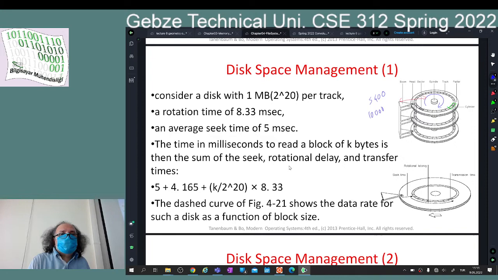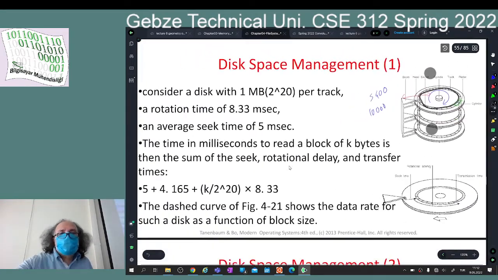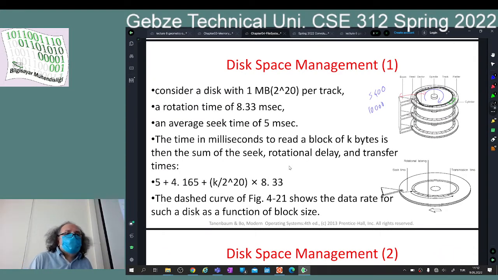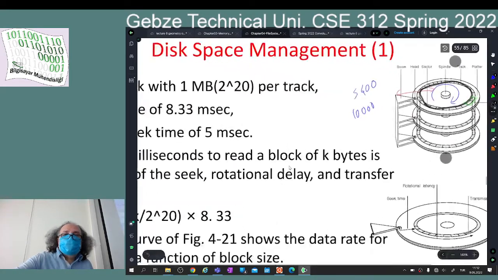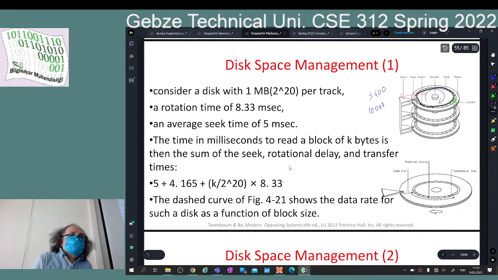This track can hold 1 megabyte of data. Our rotation time is 8.33 milliseconds. This whole disk rotates in 8.33 milliseconds.